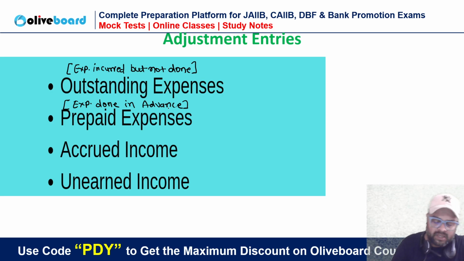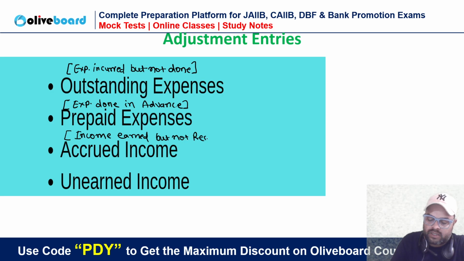Accrued income means what? It is an income which is earned but not received. And unearned income means what? A kind of income which is received in advance.